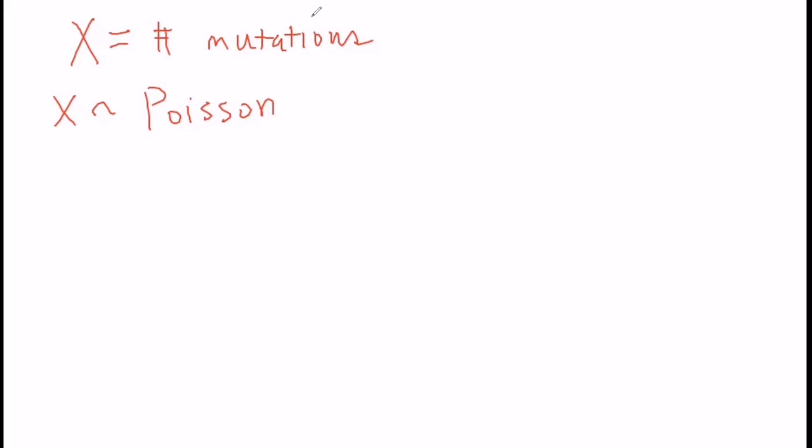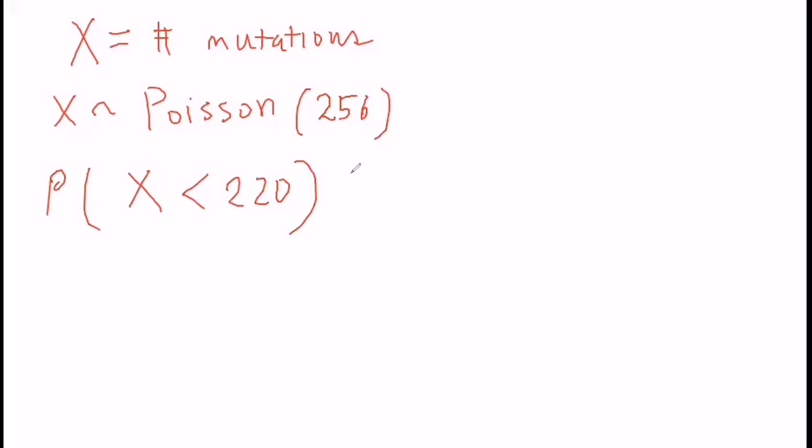As long as the thing that happens can be considered a rare event, the Poisson model is usually suitable. So mutations are rare, so you can use Poisson. The Poisson mean is 256, and then you want to find the probability that X has less than 220 mutations, so that means X is at most 219.